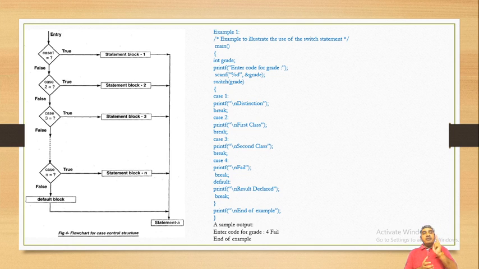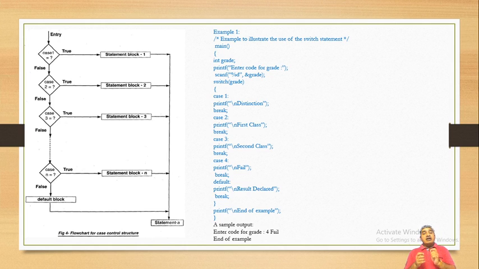If we give input 2, then the result is first class. If we give input 3, then the result is second class. If we give input 4, the result is fail.